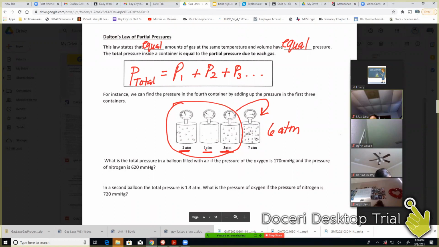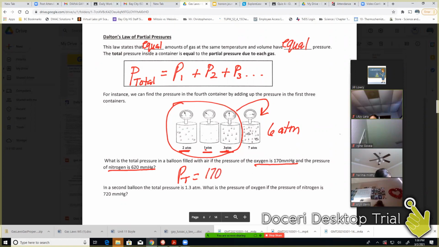It says, what is the total pressure in a balloon if the pressure of the oxygen is 170 millimeters of mercury and the pressure of the nitrogen is 620 millimeters of mercury? So P total, my total pressure, is just going to be when I add those two together. And since they're both in the same unit, since they're both in millimeters of mercury, I can simply add them together.